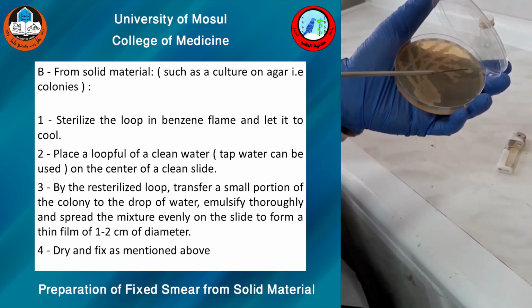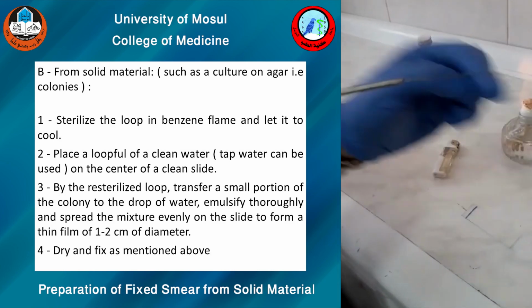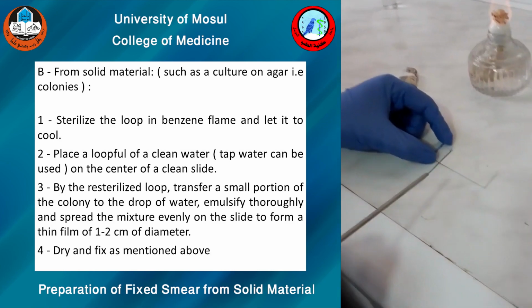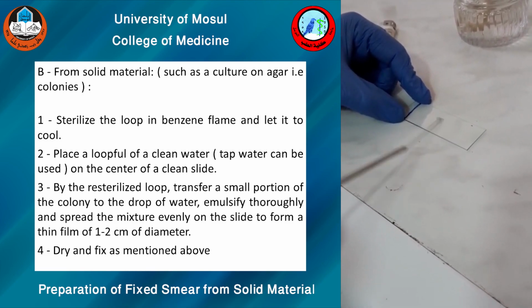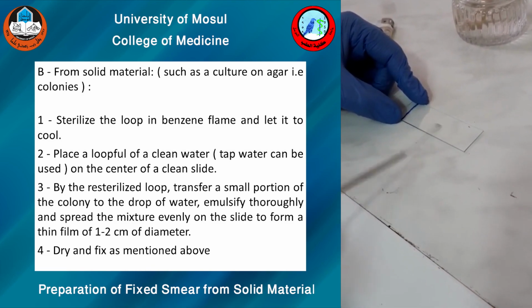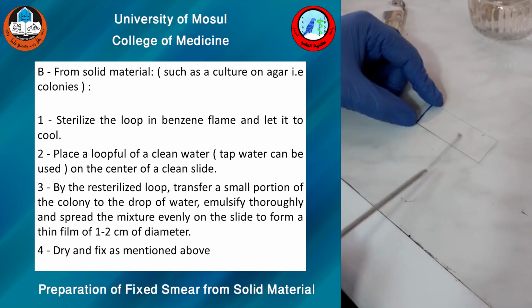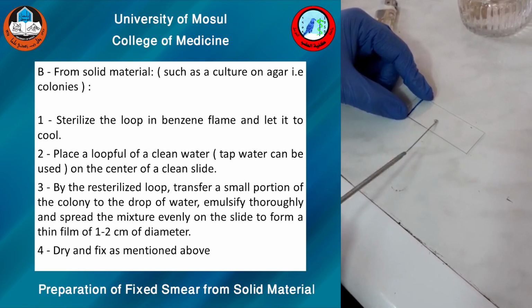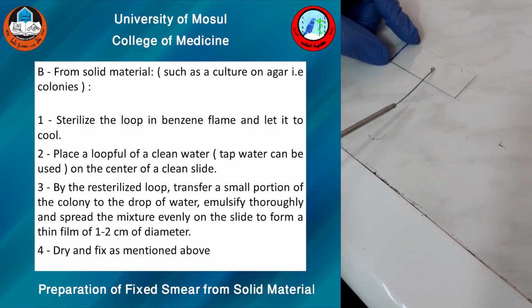You do not have to take the full colony, only a small portion. And I'll bring it to the drop of water and mix it with the drop of water on the center of a slide, spreading to about 2 to 3 centimeters to form a thick smear.